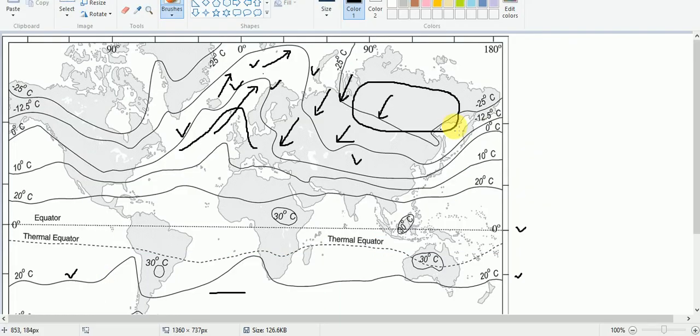See here, this is 0, this is 30, this is 60, and this is 90. Here 30 east, then 60 east, and this is 90 east. And so this is 30 north, then 60 north.